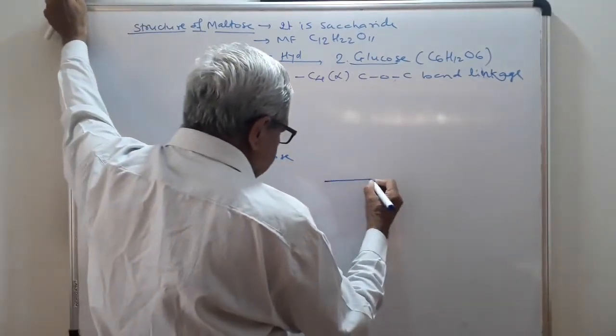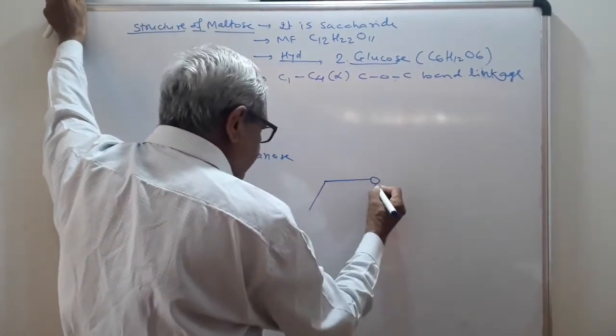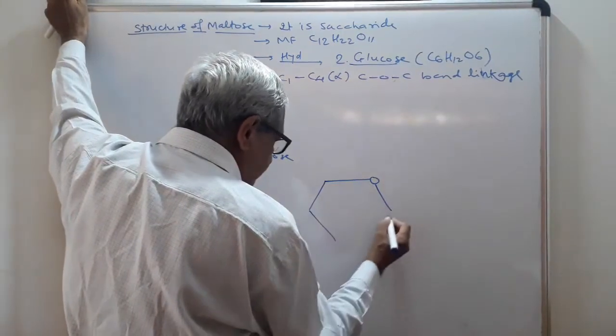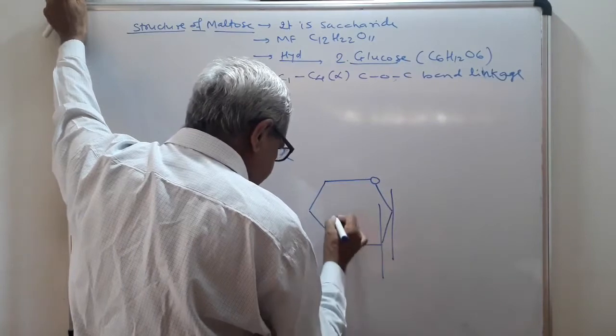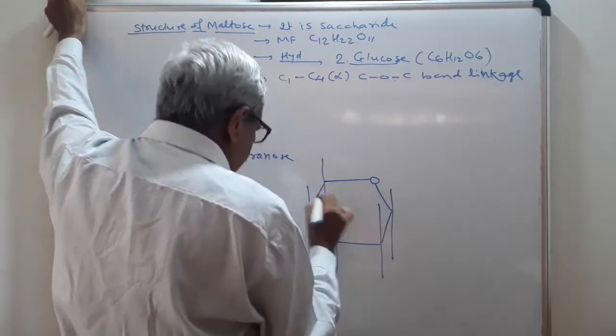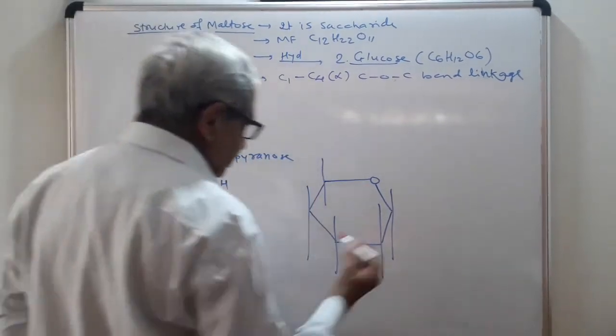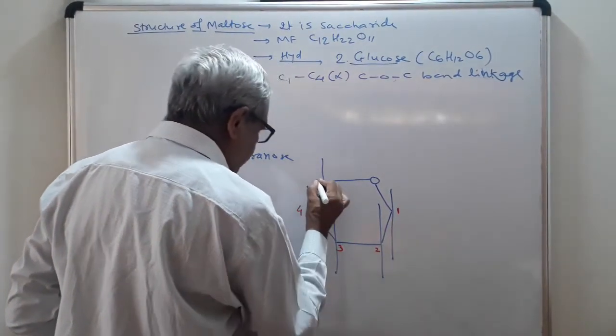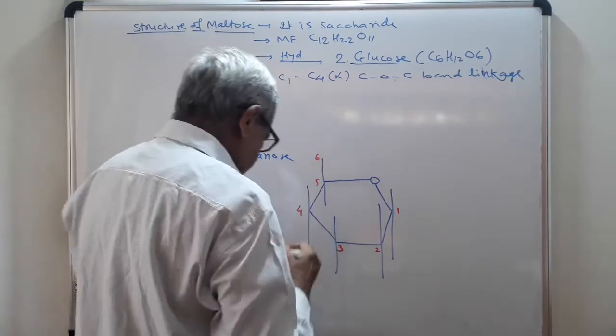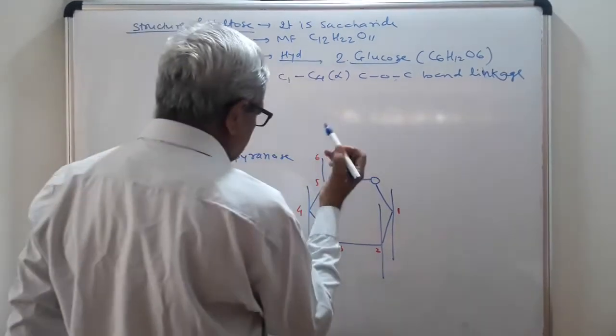Same thing here, a 6-member ring containing an oxygen atom at the right hand side top. Draw an identical structure here, first, second, third, fourth, fifth and sixth. Give the numbering 1 to 6. Carbon number 6 is the CH2OH group.